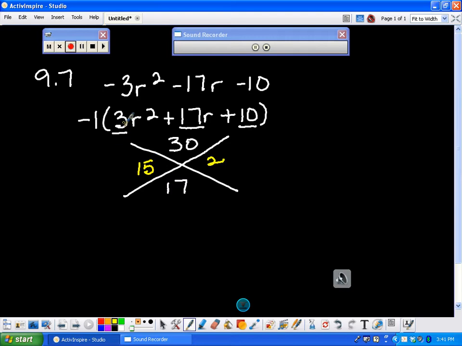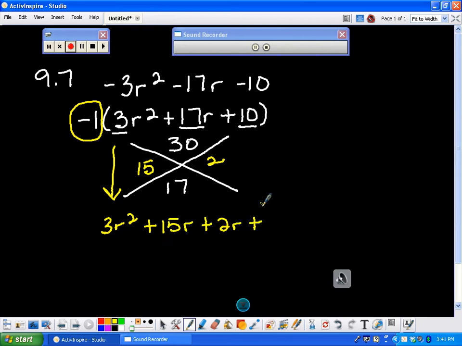So since this is in the form of ax squared plus bx plus c, I'm going to go ahead and make my 4 monomials, and I'm going to keep this sort of as just a thought in the back of my mind. So 3r squared plus 15r plus 2r, and then plus, I'm going to bring down my 10.